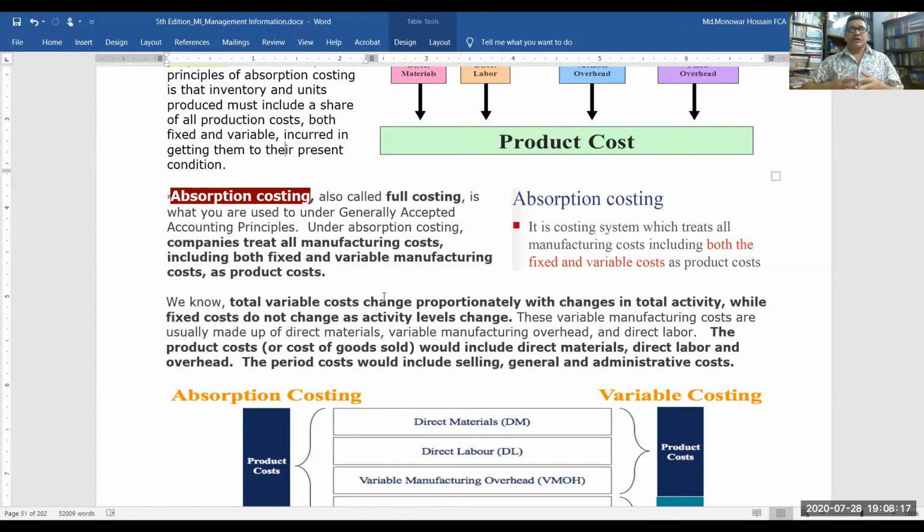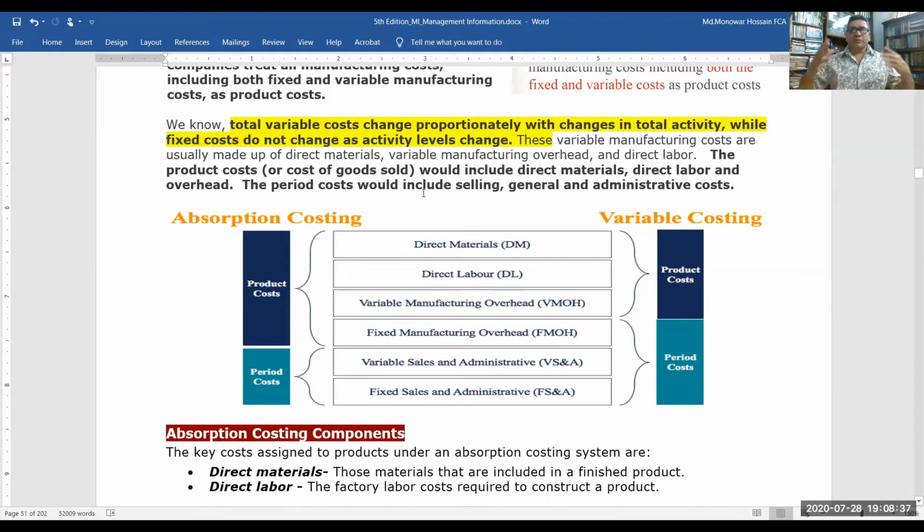Total variable cost changes proportionately with changes in total activity, while fixed costs do not change when the activity level changes. These variable manufacturing costs are usually made up of direct materials, variable manufacturing overhead, and direct labor. The product cost or cost of goods sold would include direct materials, direct labor, and overhead. The period cost would include selling, general, and administrative costs.